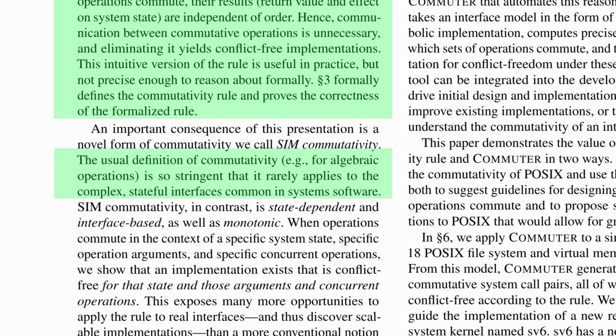One of the central contributions of this paper is their definition of a type of commutativity that is state dependent and monotonic. This tries to capture the idea of commutativity as it would apply to realistic software and still be able to reason about its scalability to multiple cores.